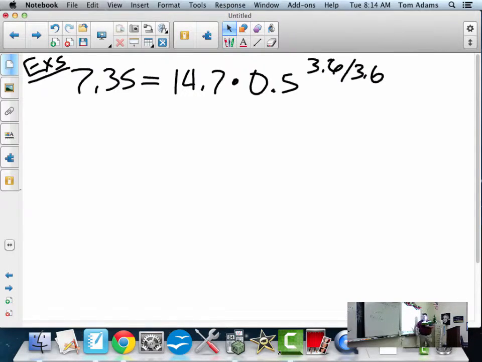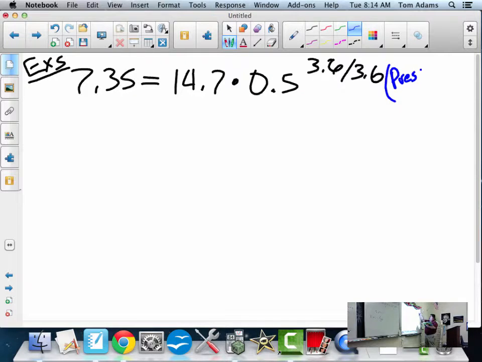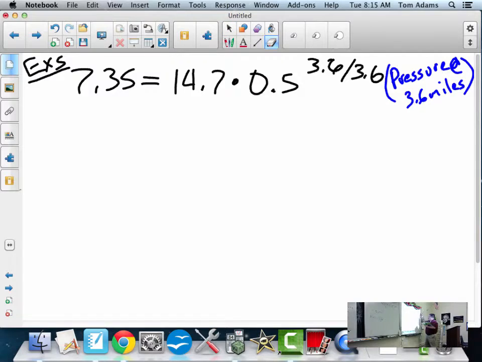And you've got to read the fine print: this model represents the pressure at 3.6 miles above sea level. The exponent is supposed to be a t symbol, but somehow it got jumbled up here. At 3.6 miles, okay?